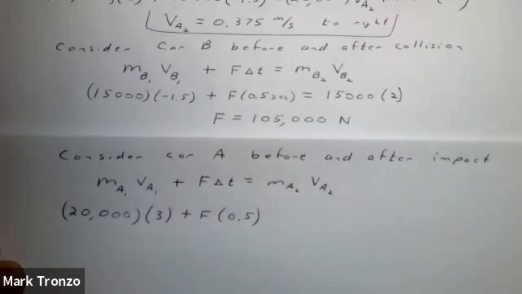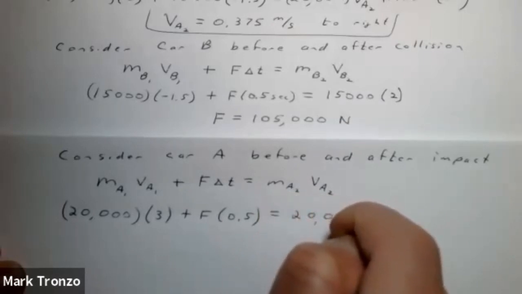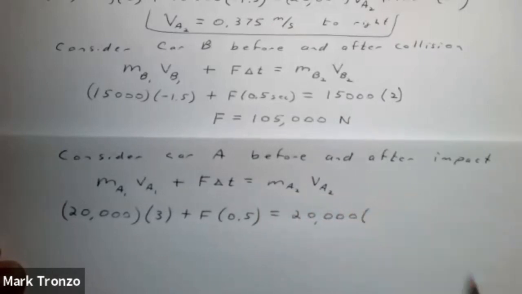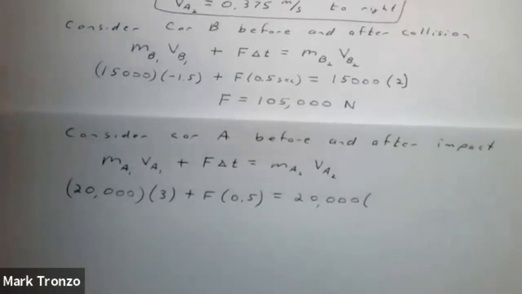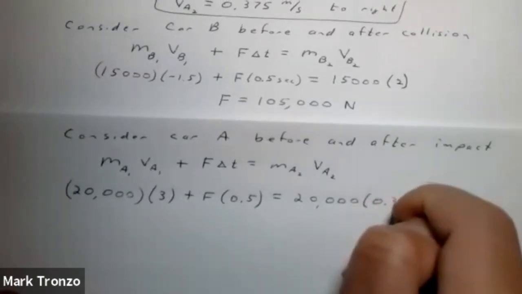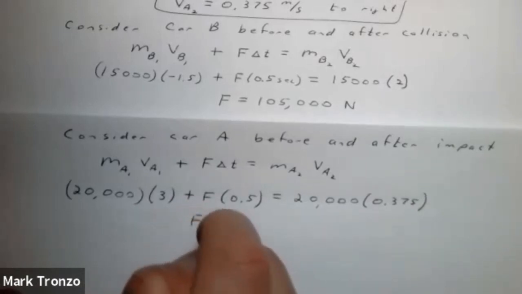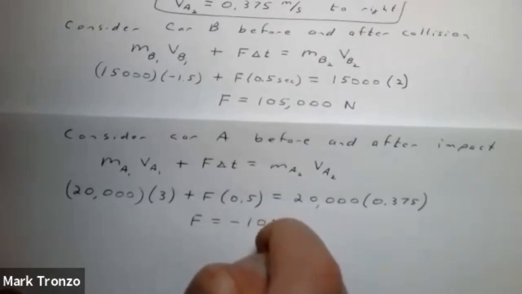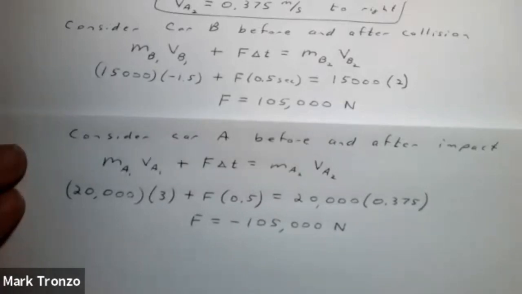We were told it's going to be in 0.5 seconds. And we actually calculated that the final velocity of A was 0.375 meters per second. And if we put all this in our calculator, we get a negative 105 newtons, like that.